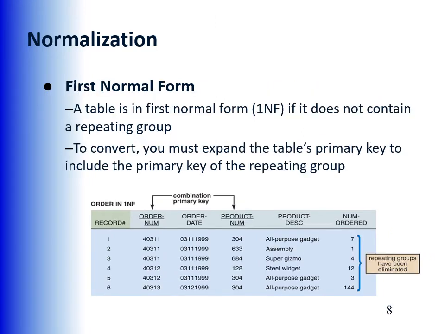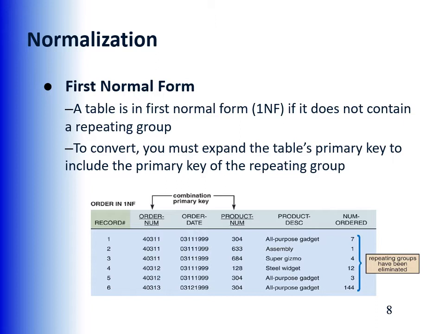Now we start on how to normalize the table design. We have three stages, as I mentioned in the previous slide: first normal form, second normal form, and third normal form.